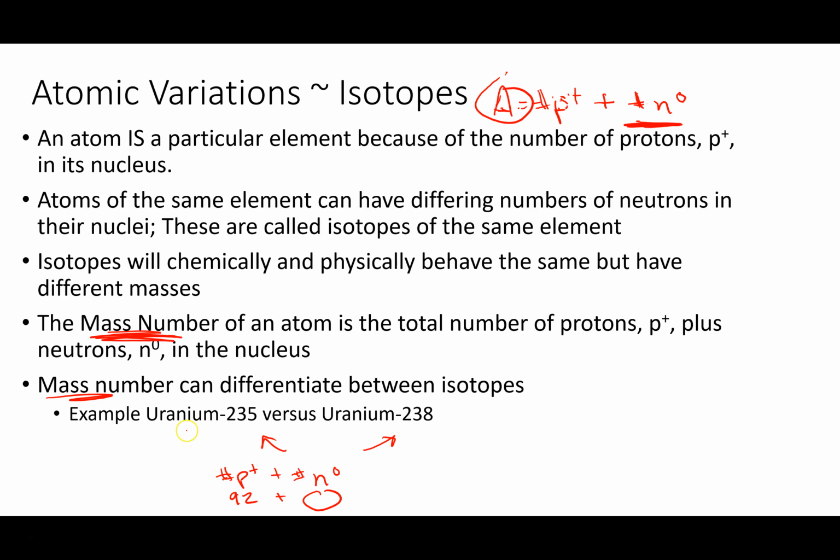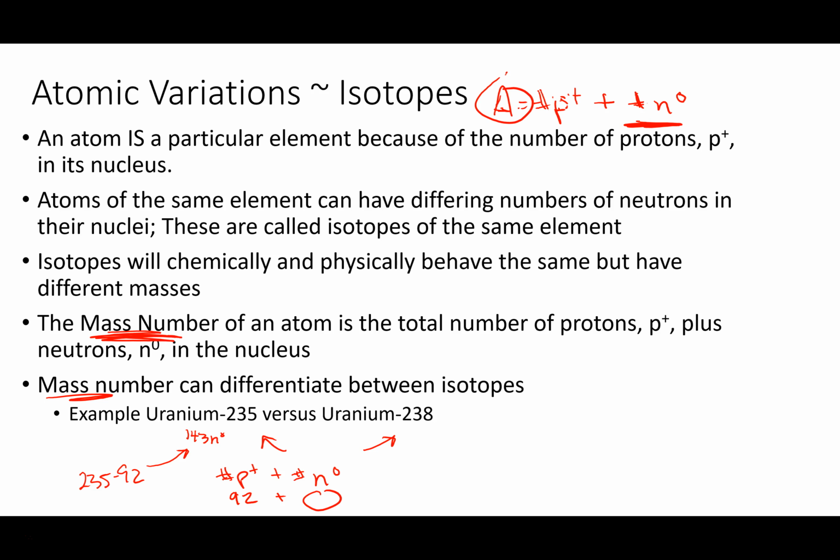We got 143 neutrons. How'd you do it? Yep. You took 235 minus 92. Perfect. How about this uranium, U-238? What'd you get?